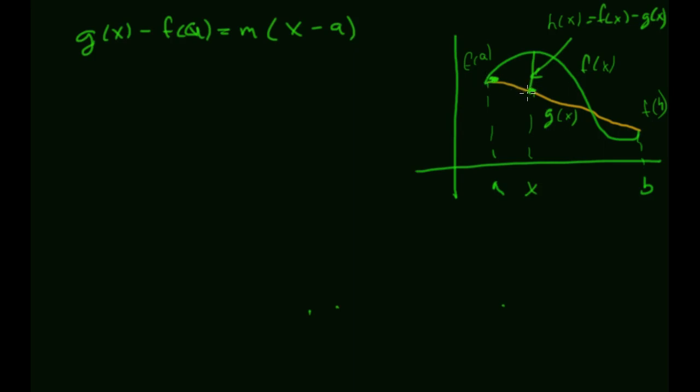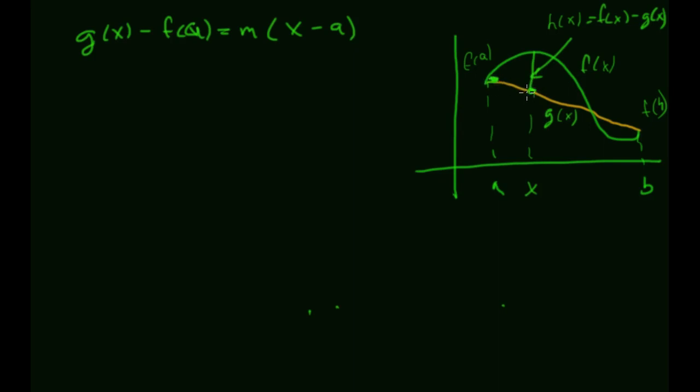Okay, so what's going on here? This is the secant line. These are 2 points that are on the secant line, right? So we're saying that this point minus that one should be equal to the slope of these two, right? So that's point slope form. This is some arbitrary point on the line, right?